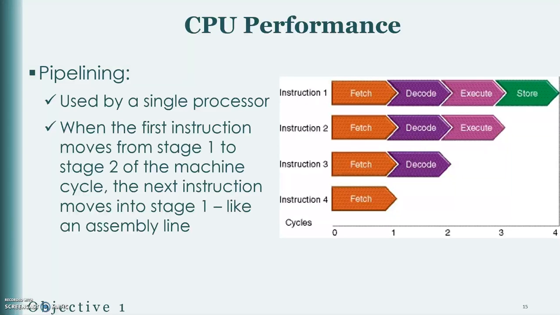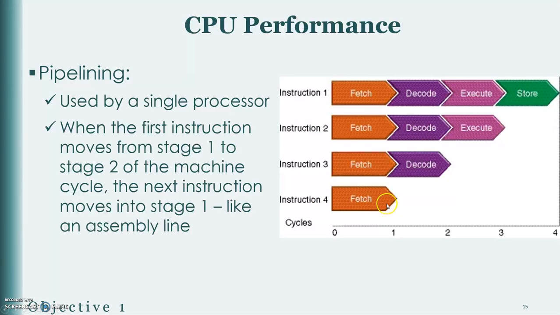And then this is called pipelining. This is used by a single processor. So it takes in the first instruction. Once that first instruction moves from the fetch stage into the decode stage, the next instruction moves into stage 1. So sort of like an assembly line.